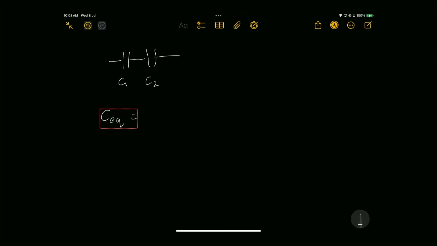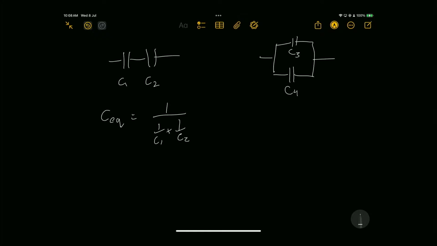One over C1 plus 1 over C2. Right. And if we have capacitors in parallel, C3 and C4, what is the equivalent capacitance? C3 plus C4.